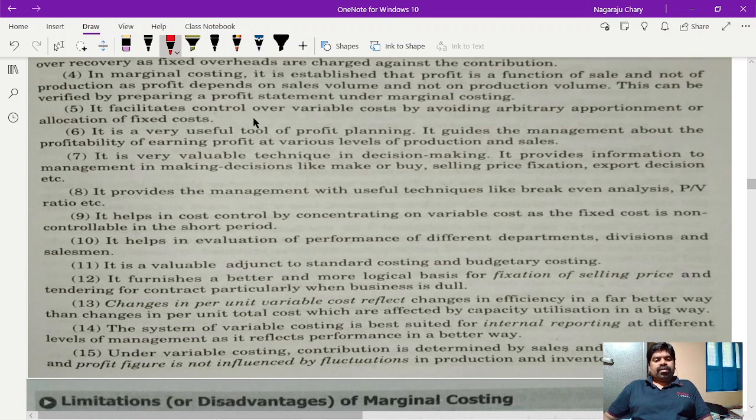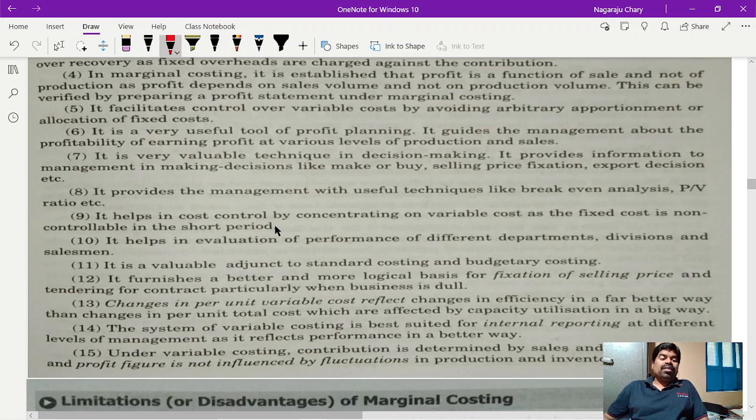It facilitates control over variable cost by avoiding arbitrary apportionment or allocation of fixed cost. In the previous method, that is absorption costing, there was arbitrary apportionment of expenditure. In each department or each center, the apportionment of expenses could be done arbitrarily.